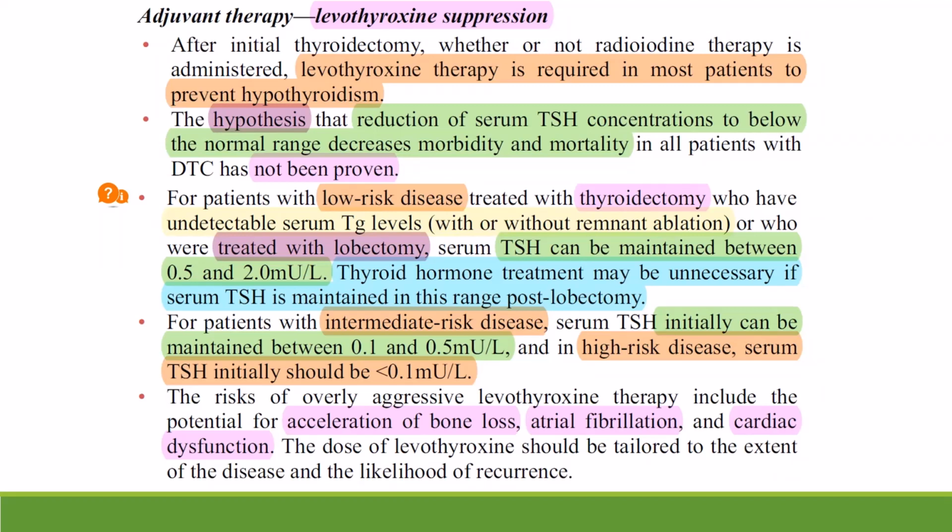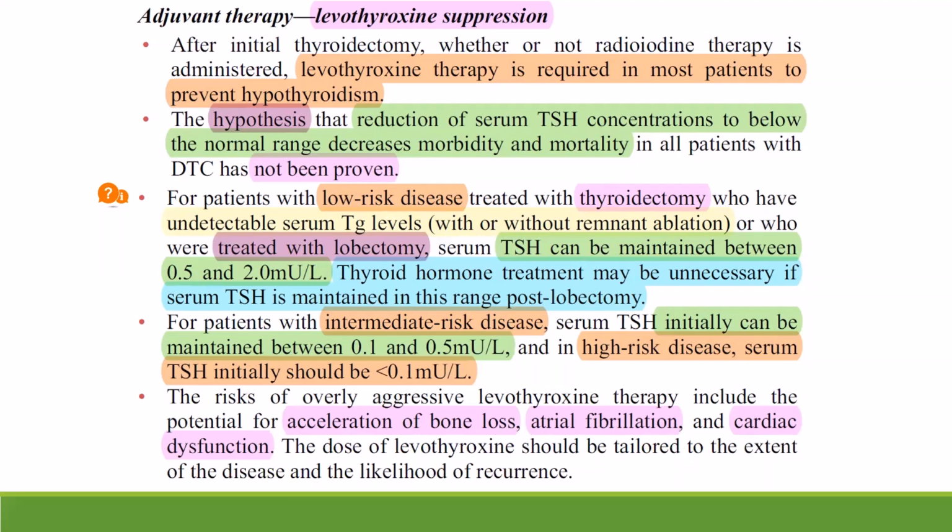So this is the target of the TSH in the patient with differentiated thyroid cancer according to the risk stratification. In low risk, the target is the lower half of the normal. In a high risk patient, the target is less than 0.1. In intermediate risk, the target of the TSH is 0.1 to 0.5.